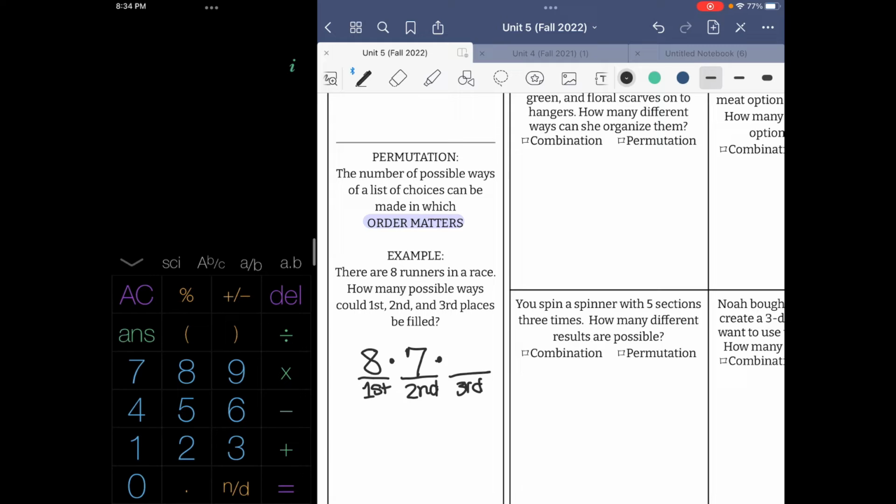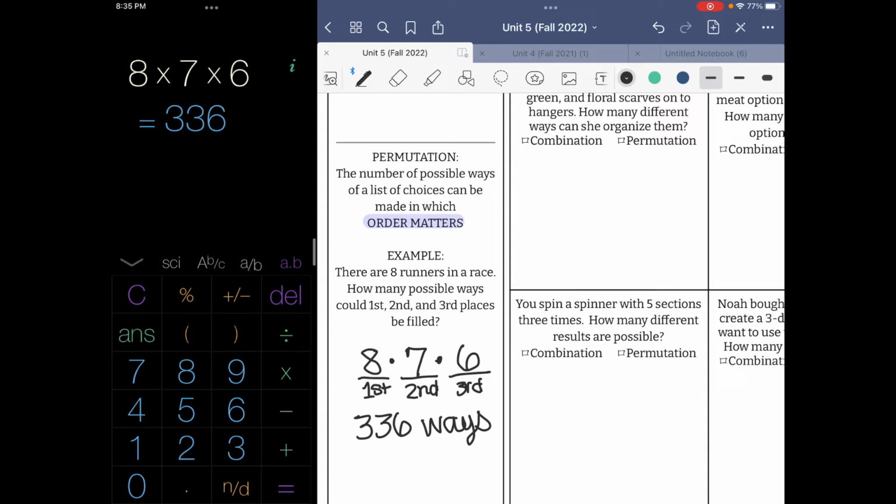And then you've used 2 runners already for first and second, so you only have 6 runners left for the third one. So I need to do 8 times 7 times 6. 336. So there are 336 possible ways in which you could arrange those 8 runners into first, second, and third.